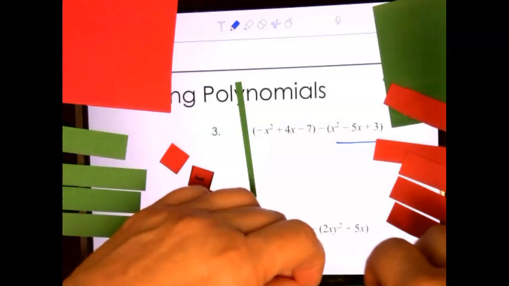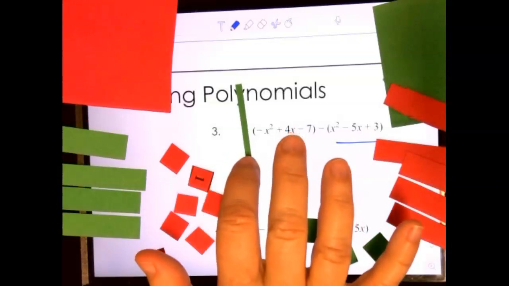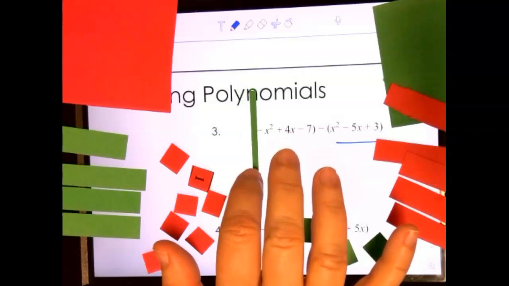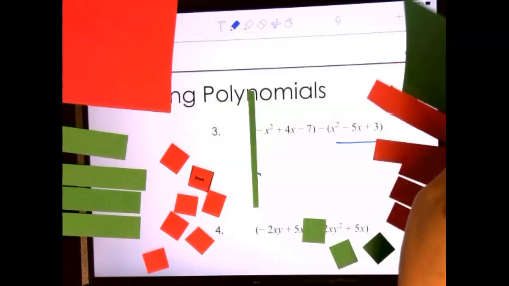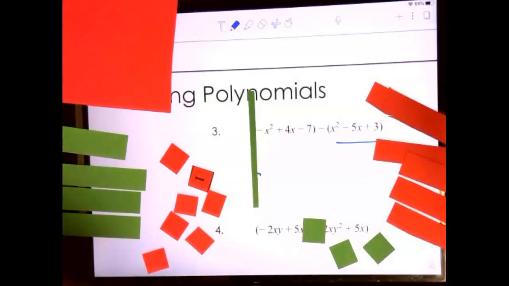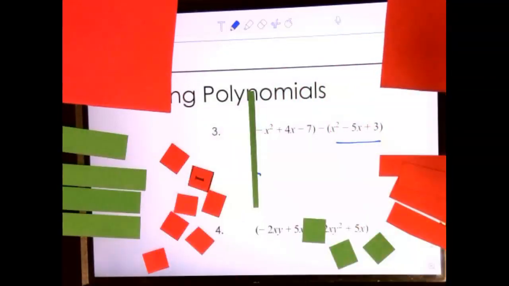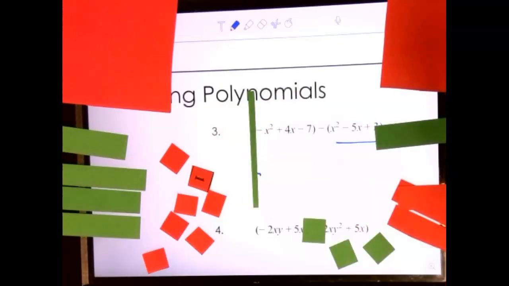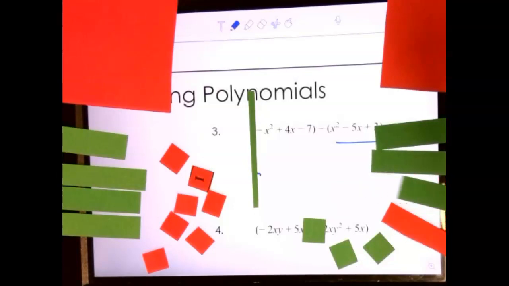1, 2, 3. Okay, and now in order to be able to move this, in order to get rid of this barrier, I have to change all the colors. So I have to take this green one and swap it out for a red one. And then I have to take all of these red ones and turn them green. All of them have to turn green.